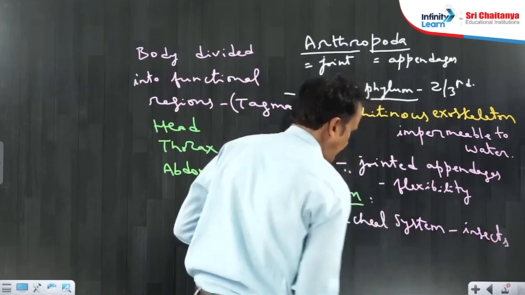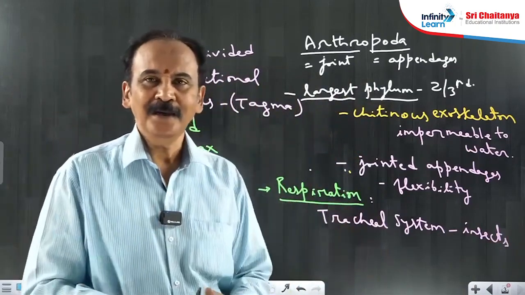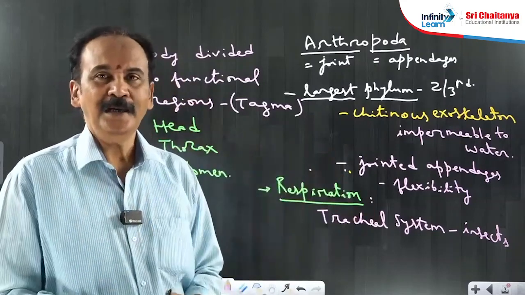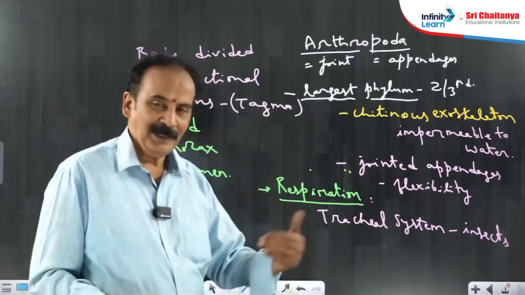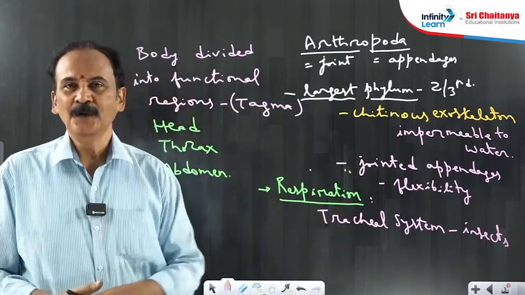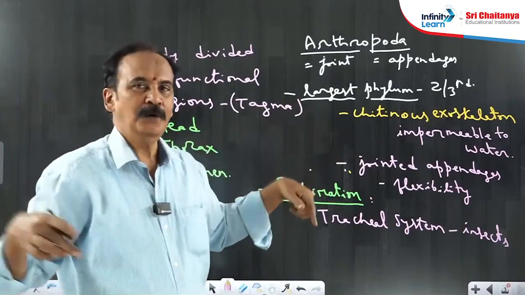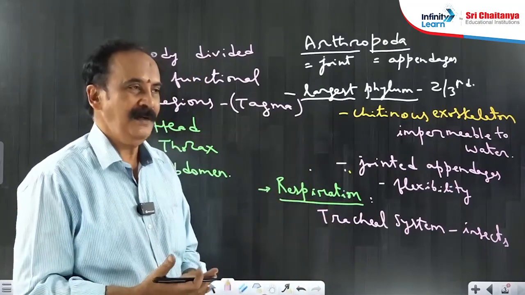Like in case of insects, insects will have highly branched tracheal system where oxygen or the air directly goes to the tissues, because blood is colorless, blood cannot transport oxygen here. So oxygen directly reaches all the body structures through this highly branched network called tracheal system.